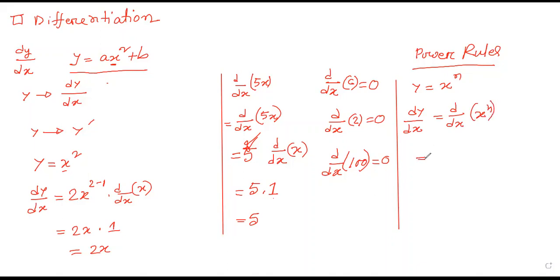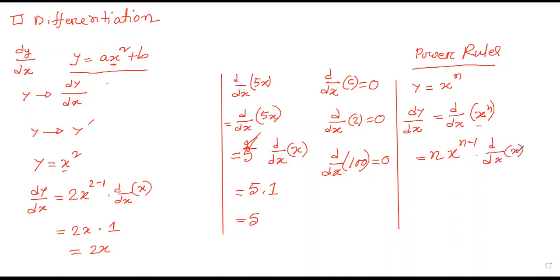First of all, we will bring down the power, then we will write the base, here x is the base, and then we will subtract 1 from the power, and then we will also differentiate the base.